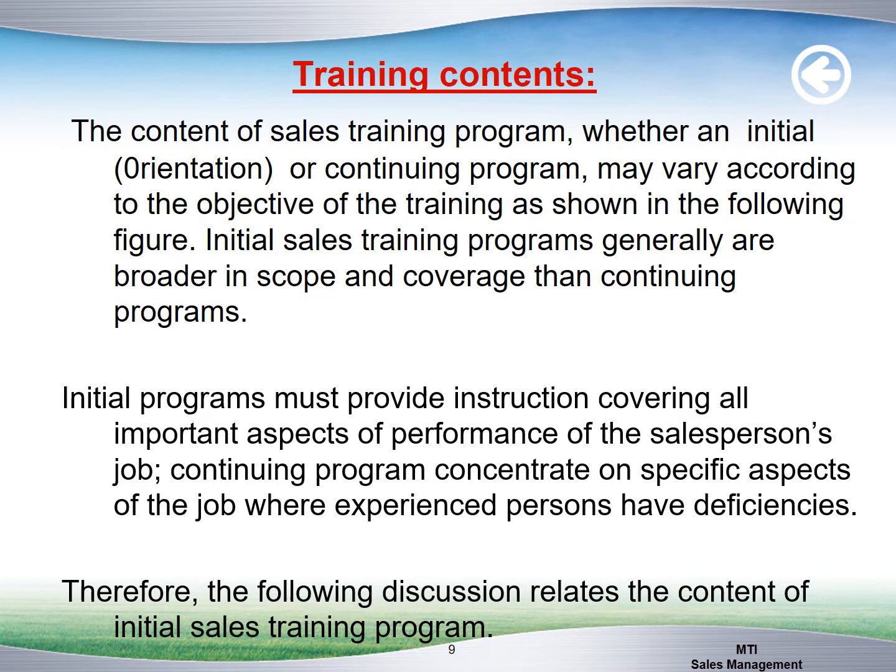Initial sales training programs generally are broader in scope and coverage than continuing programs, of course, because we're dealing with beginners or newcomers. The initial program must provide instruction covering all important aspects of the performance of the salesperson's job.